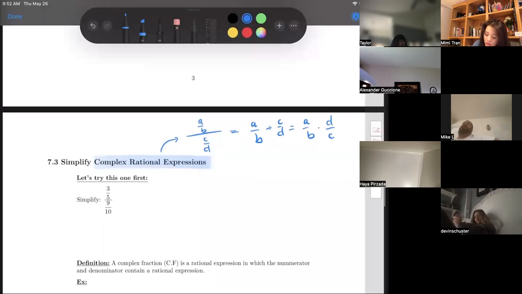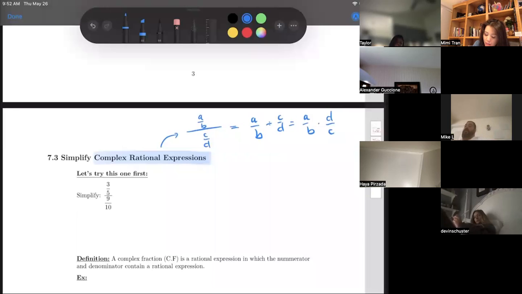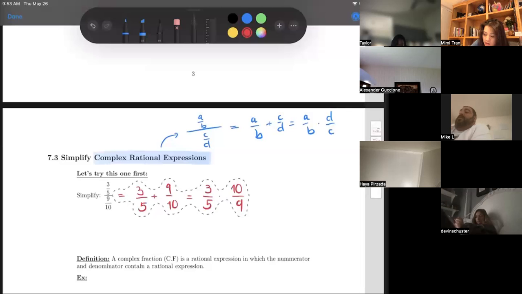So same thing in the problems here. If I have 3 over 5 divided by 9 over 10, all I have to do is take 3 over 5, my first fraction, divided by 9 over 10. And now I can flip and multiply. 10 over 9. Then you simplify. 3 goes into 3 one time, 9 goes into 3 times.